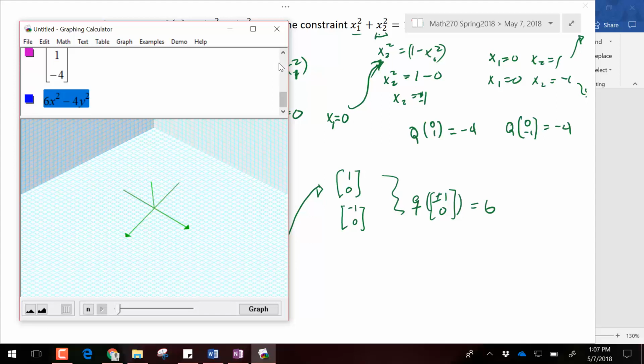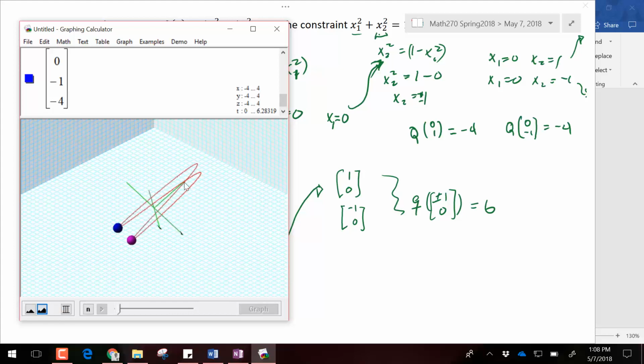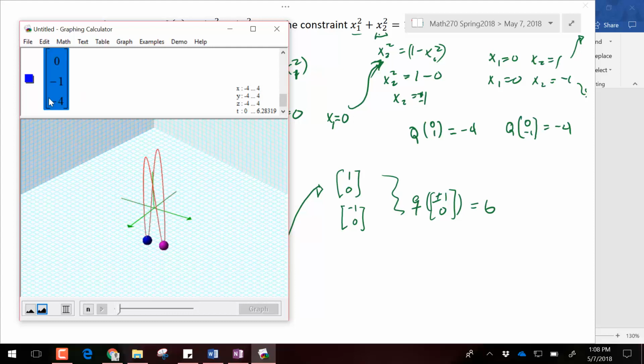And we have another point, 0, -1, and -4. So those are the two minimums from the graph. And then we try to find the maximums. It's essentially these things where you have 1, 0, and 6, and then the other one will pop up in the other graph.